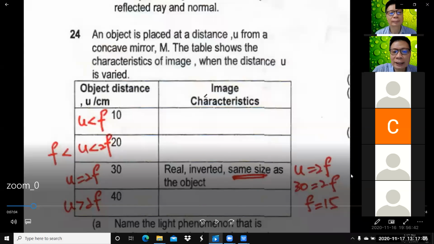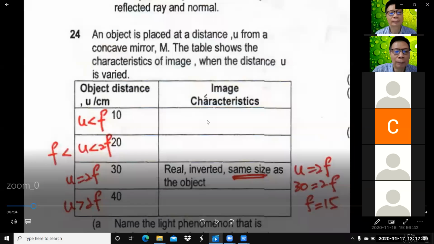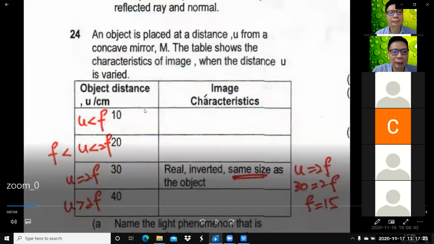Ping Hao, you get the same answer or not? Yes. Now can you answer the second one, between 1f and 2f? Inverted, real and magnified. Yes, okay.